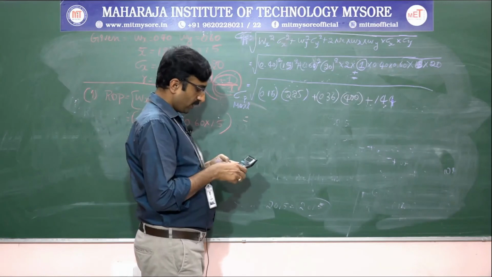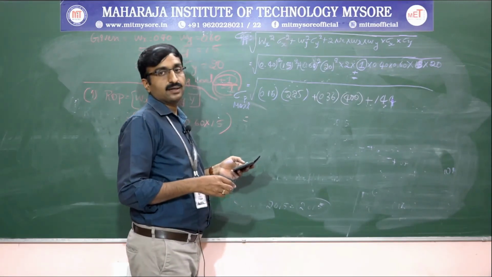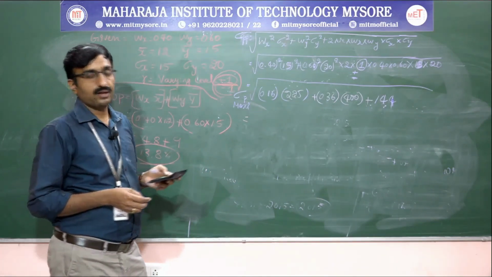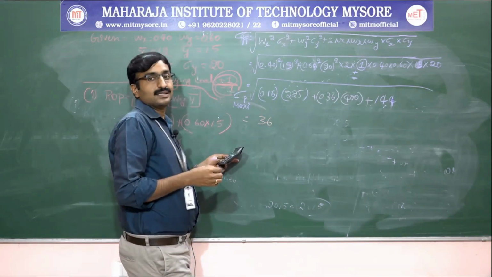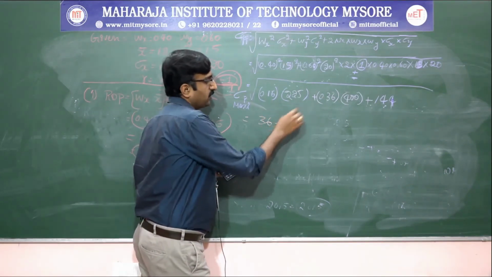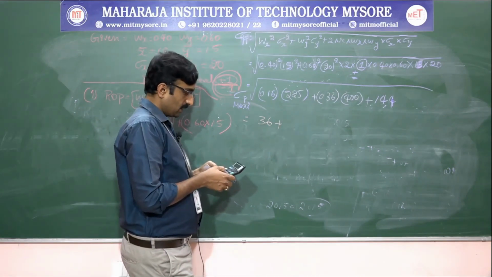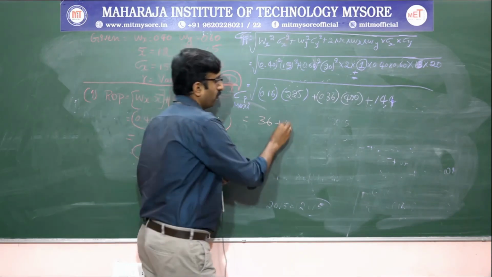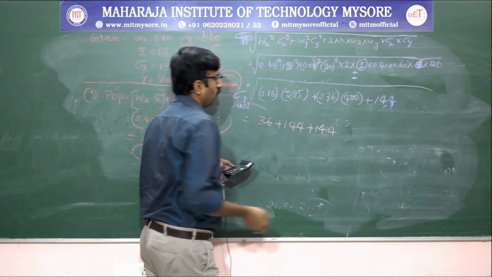So then 0.16 into 225, you will get 36, plus 0.36 into 400, you will get 144, and plus 144.